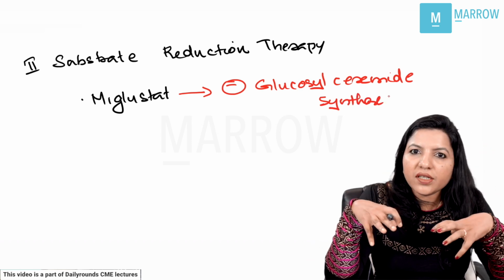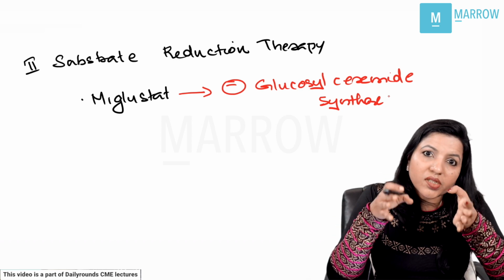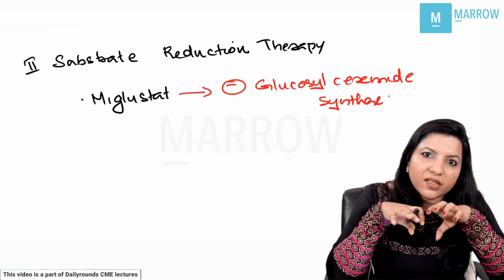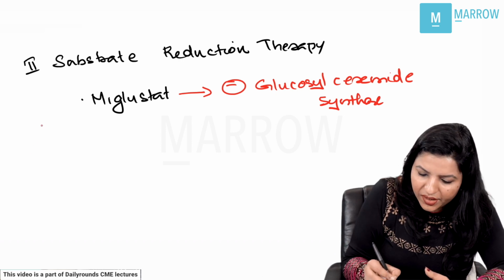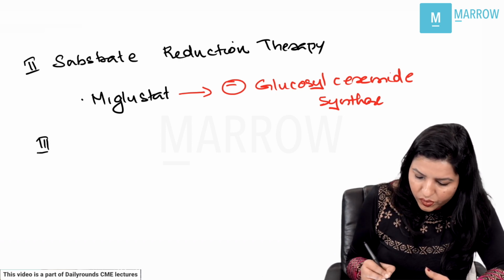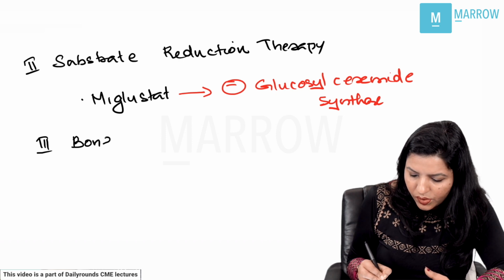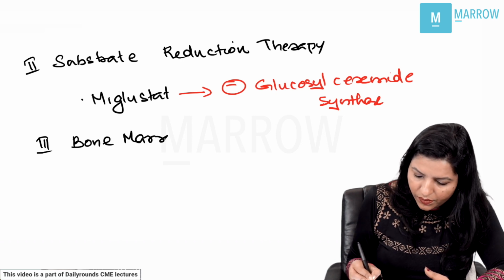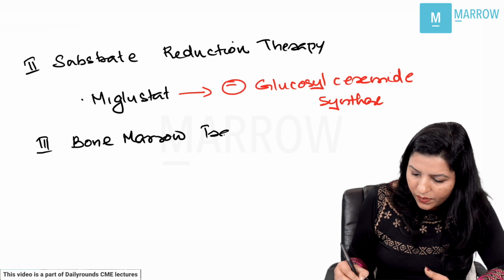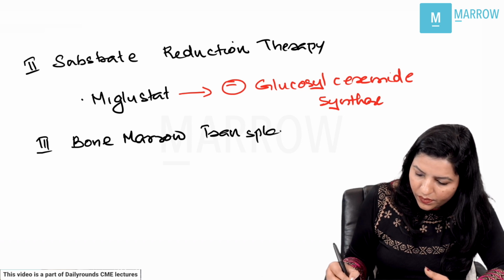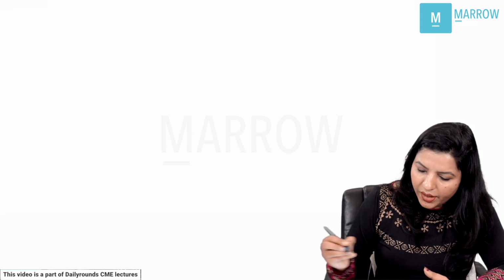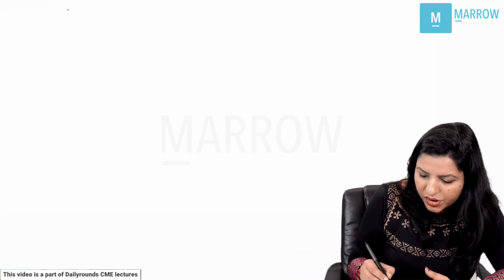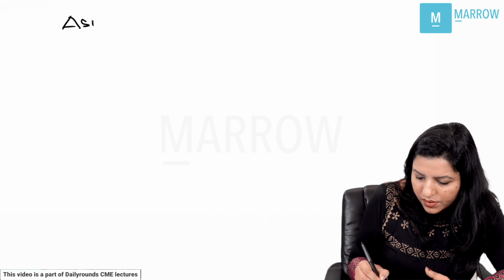What is accumulating here is glucocerebroside, so if glucocerebroside itself is not synthesized, then the symptoms can be relieved. That is why miglustat is used. And finally, bone marrow transplantation is also available.